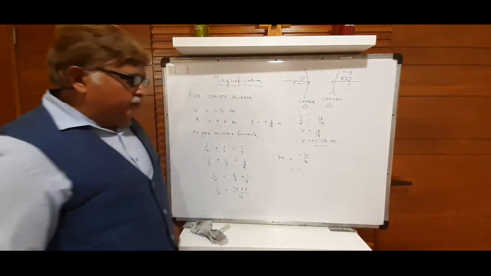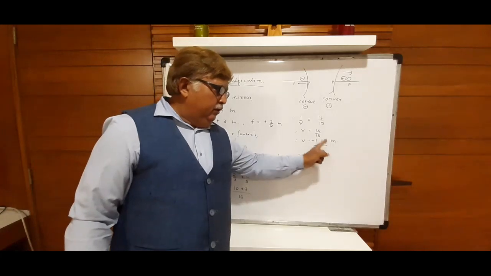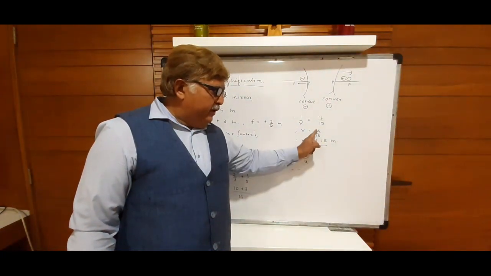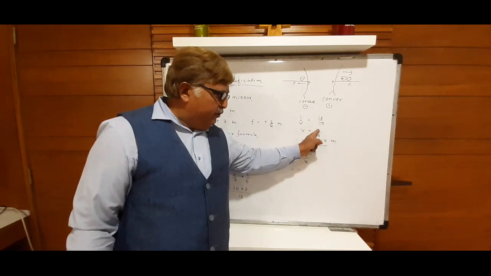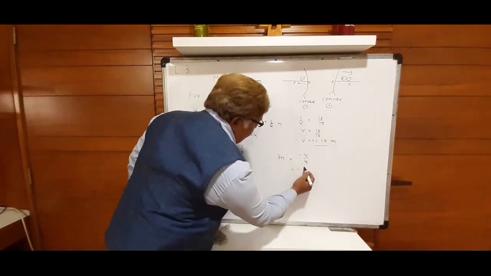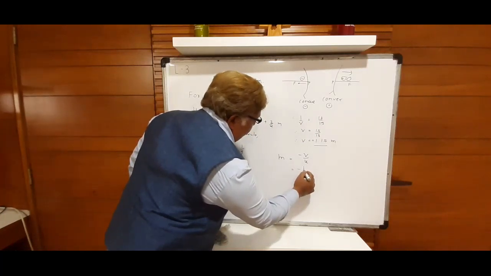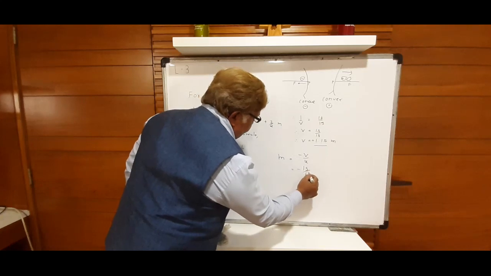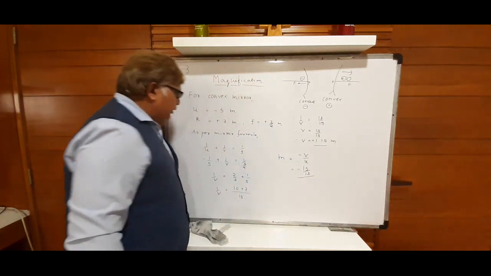Minus, what is V actually? 1.15. But for more clear understanding and easy calculation, we will take 15 upon 13 here. So 15 upon 13 upon, what is U?